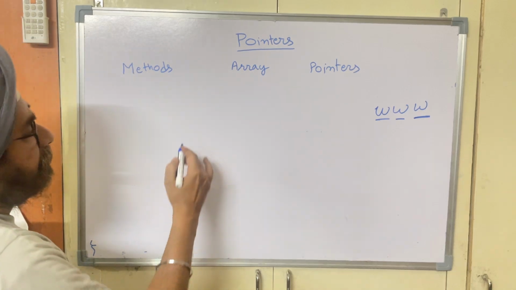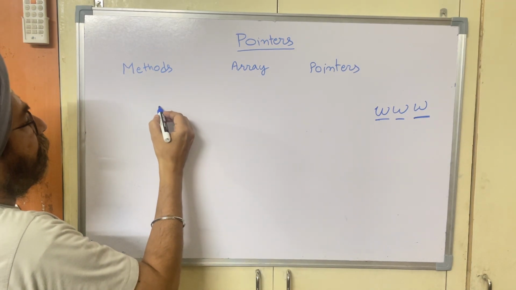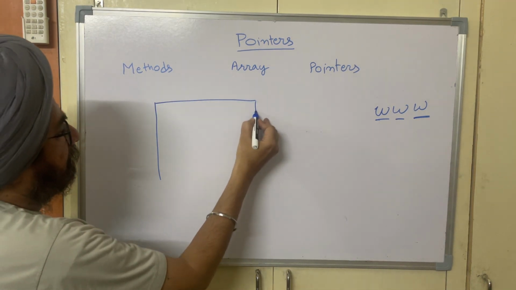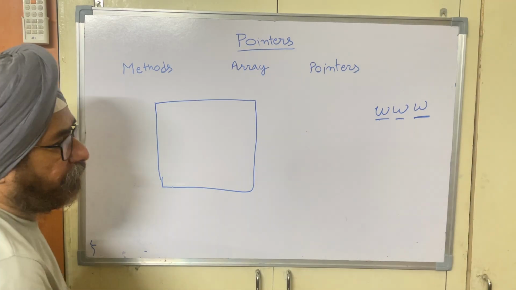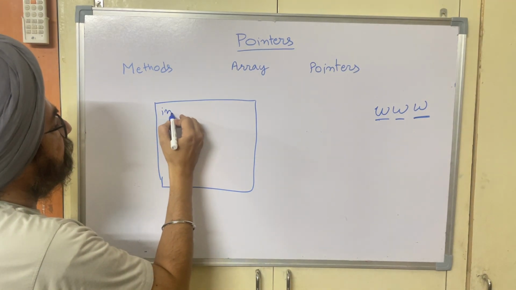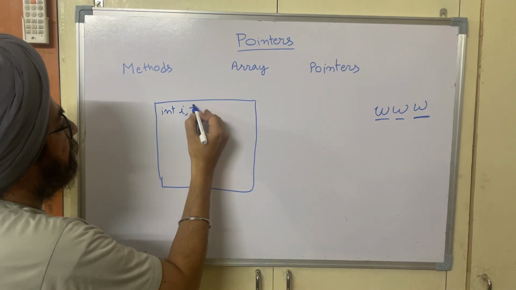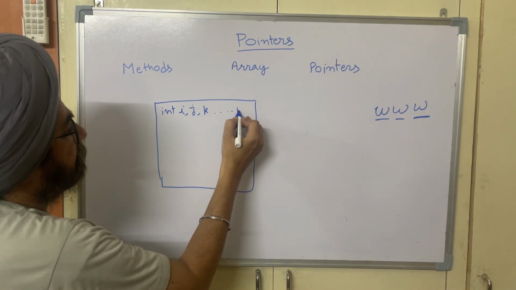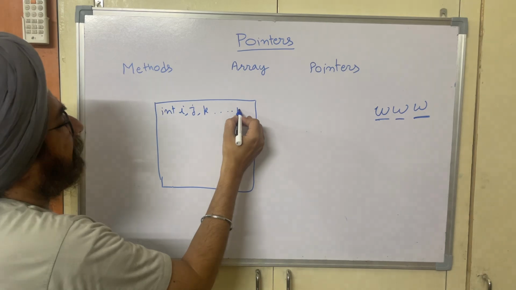Let us see. Suppose I have a memory where I have variables of type integer, like i, j, k, and approximately 100 variables at the same time.